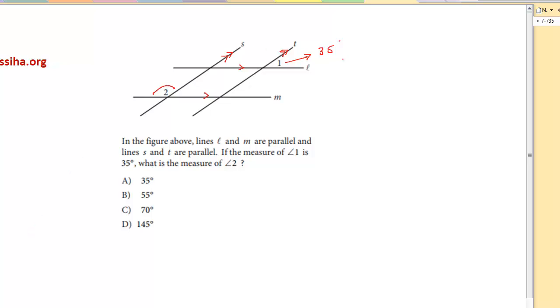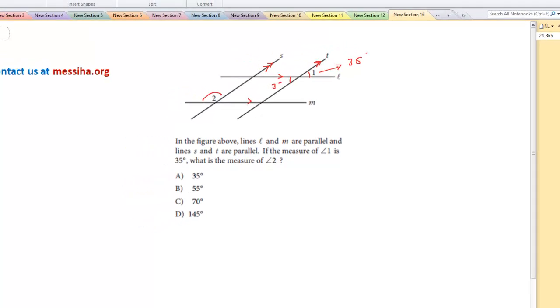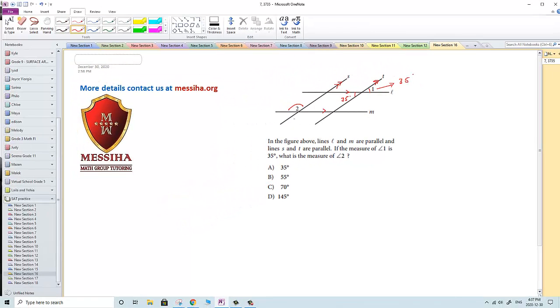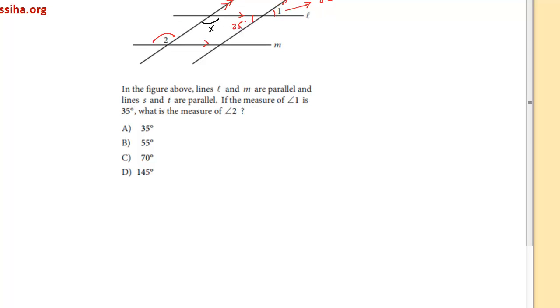First of all, I know that angle 1, this angle, is opposite to this angle. That means this angle equals 35 degrees. And this angle that's 35 degrees with this angle, they are co-interior angles. Co-interior angles means the sum of the two has to be equal to 180 degrees. So this x plus 35 should equal 180 degrees.